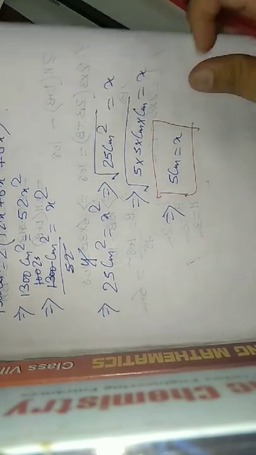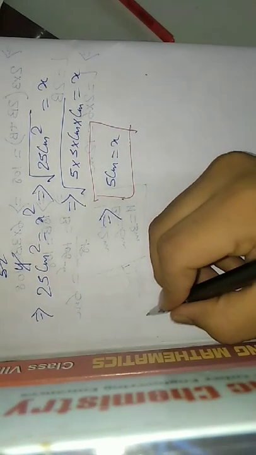That's not the answer, you've got to find the volume, and you've got the value of x, right? Now since this is a rectangular cuboid, the volume will be length into breadth into height.